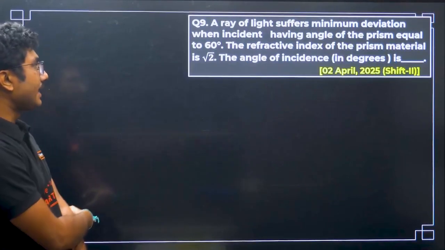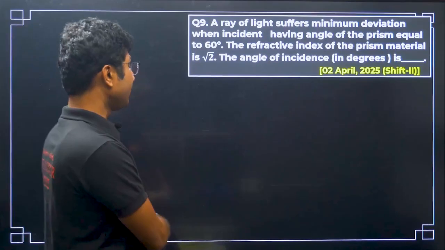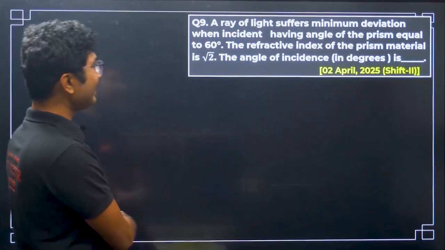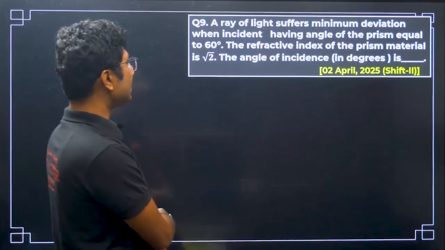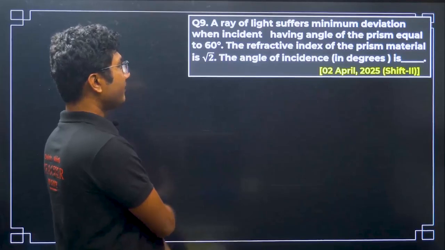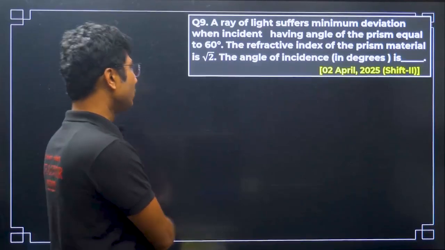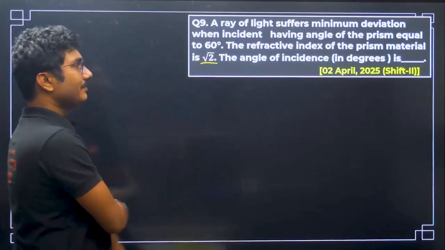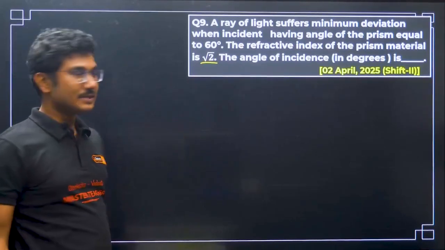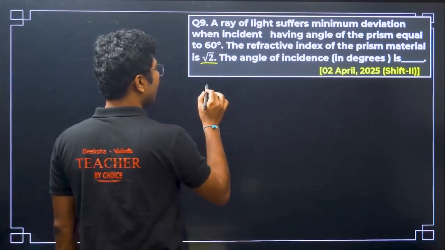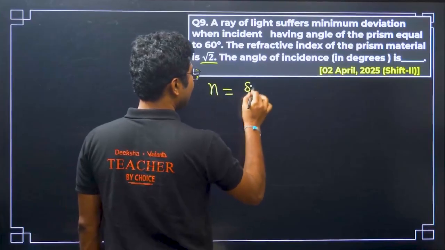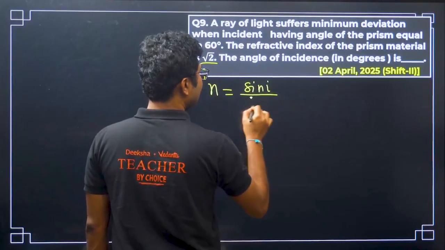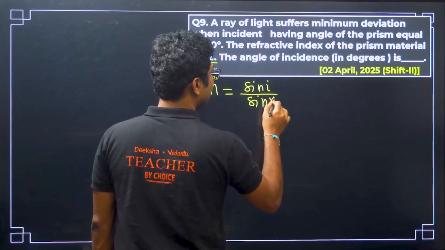A ray of light suffers minimum deviation when incident on a prism having angle of prism equal to 60 degrees. The refractive index of the prism material is root 2. The angle of incidence is? So, the refractive index is given, we have to find the angle of incidence. What is the formula for refractive index? Refractive index is sin I by sin R when the surrounding medium is air.